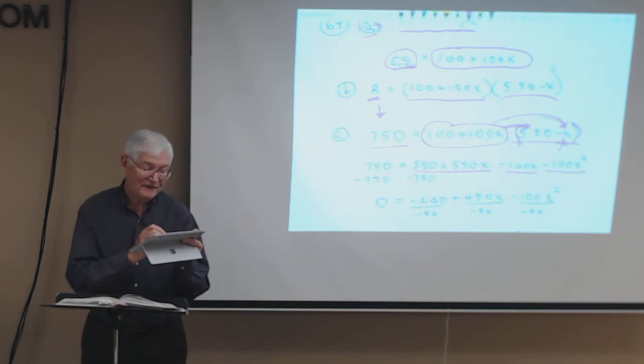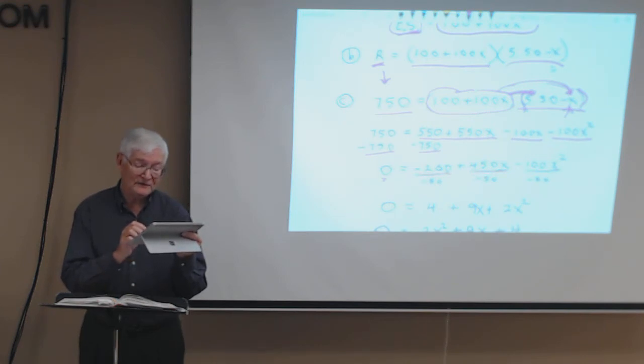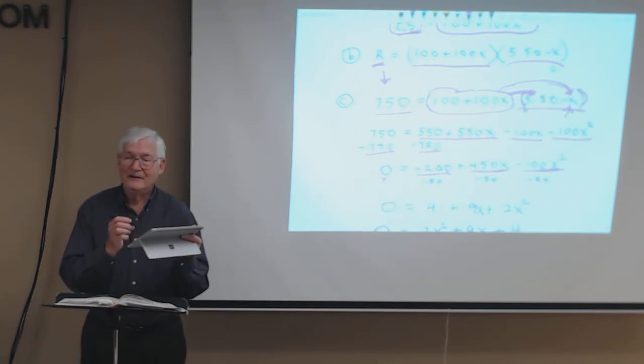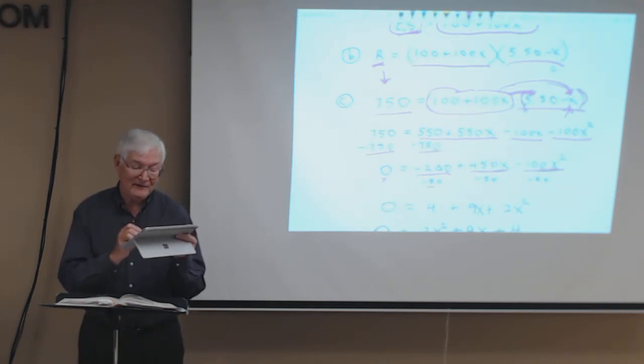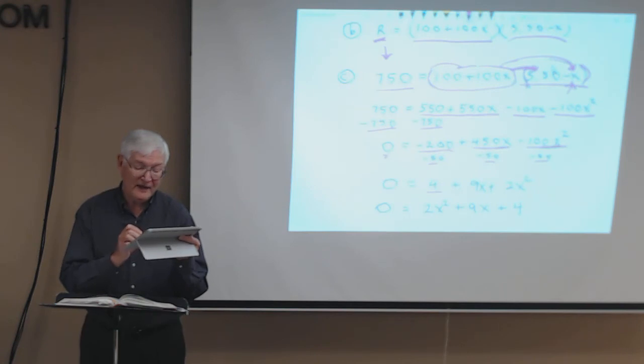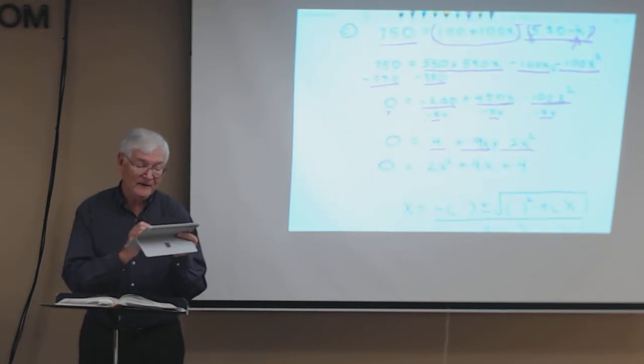So I subtract 550 from both sides, and I get 0 equals 200 plus 450x minus 100x squared. And I'm going, hey, I can make this easier by dividing everything by negative 50, because I don't like that negative. And I end up with 4 plus 9x plus 2x squared. Or rearrange it so it looks better: 2x squared plus 9x plus 4.